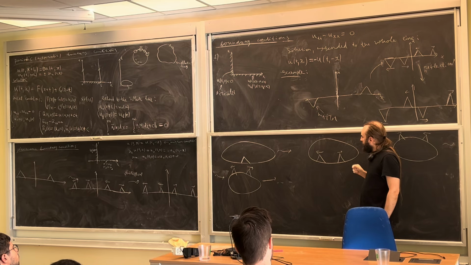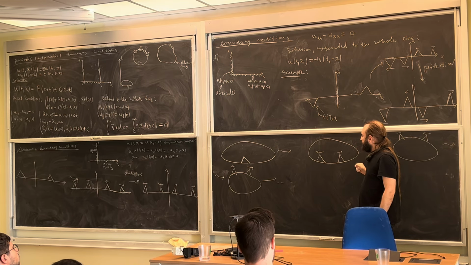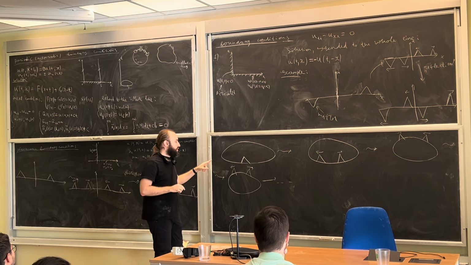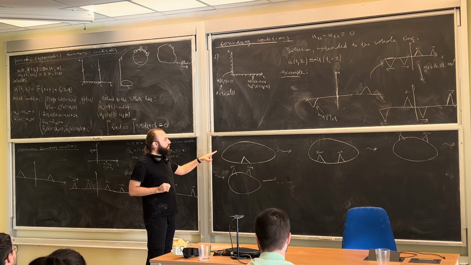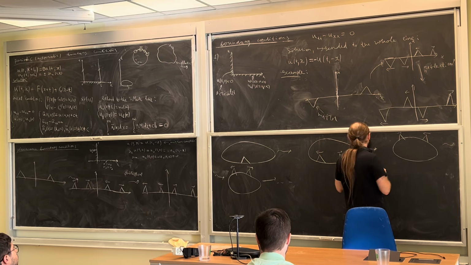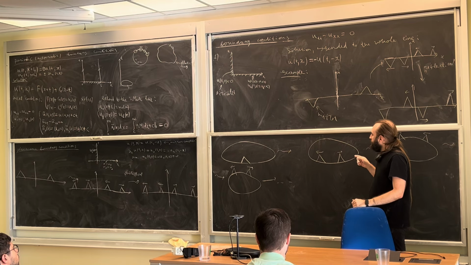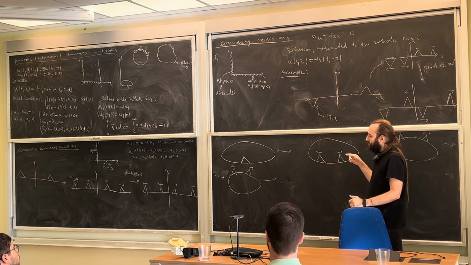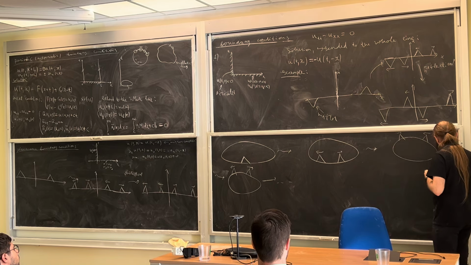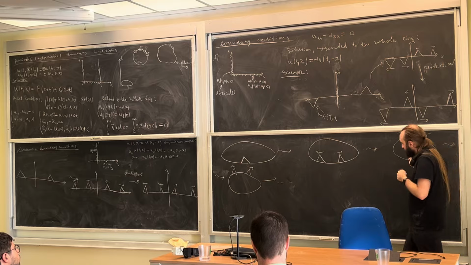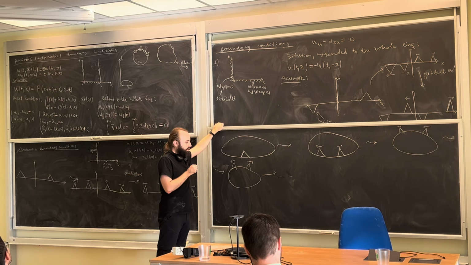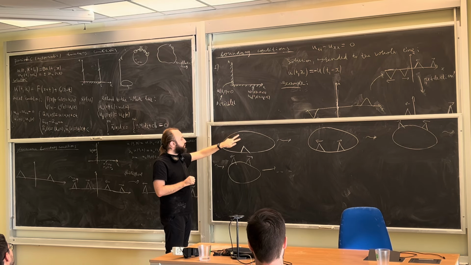For example, imagine that we try to combine this condition with another condition, that this function should be anti-symmetric with respect to 0 and with respect to some other point.